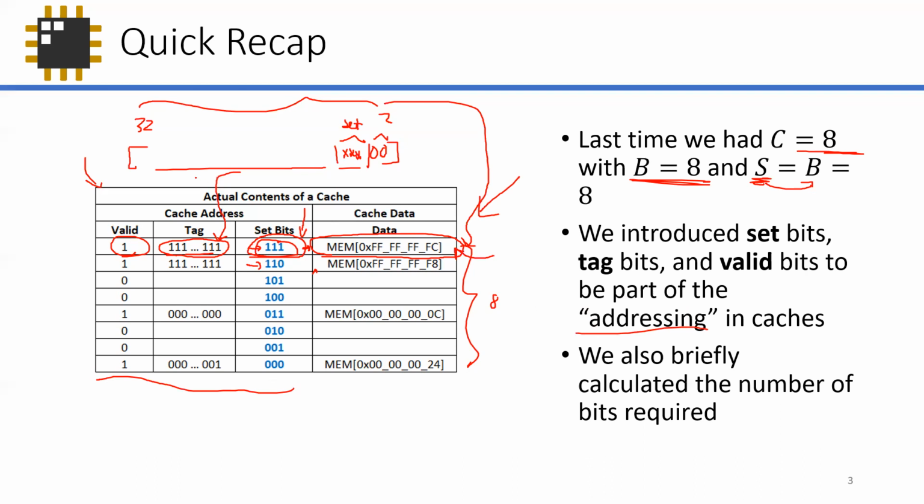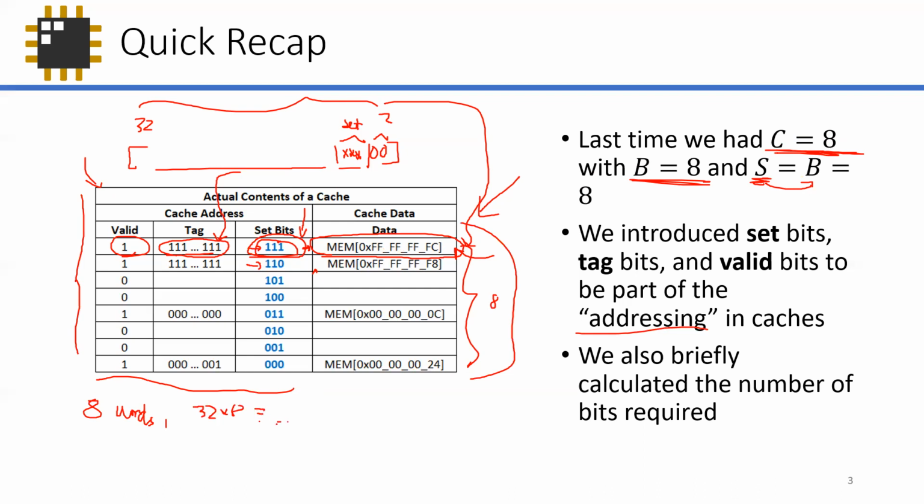Now, we also briefly calculated the number of bits you need for the entire system. Say, for example, you have 8 words in total for the total capacity, meaning there are 8 words of data that we can store in the cache. That's a total of 32 times 8 bits.